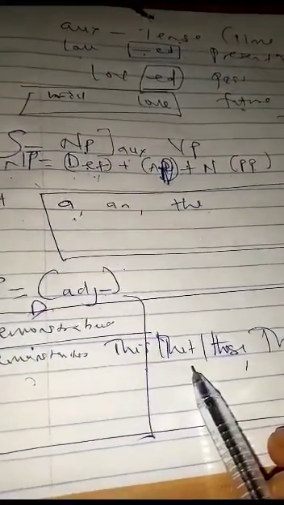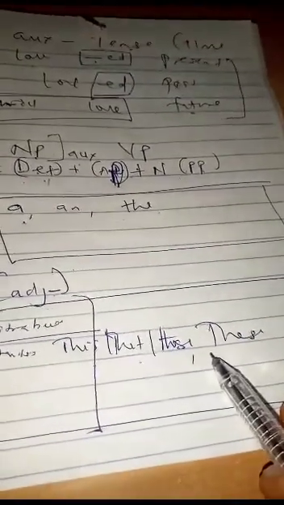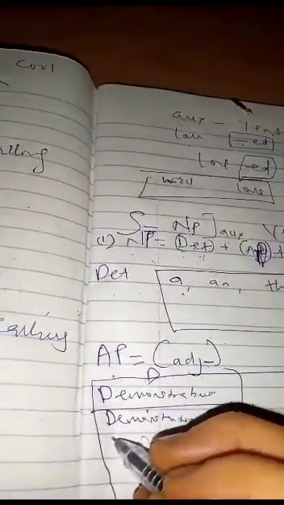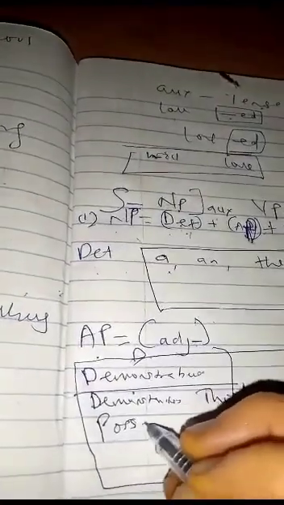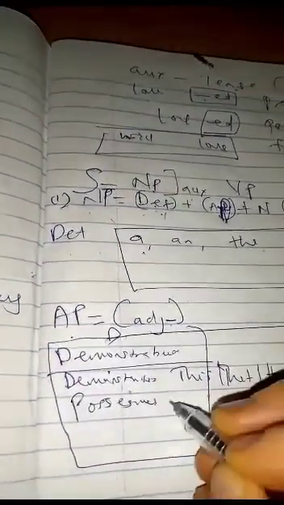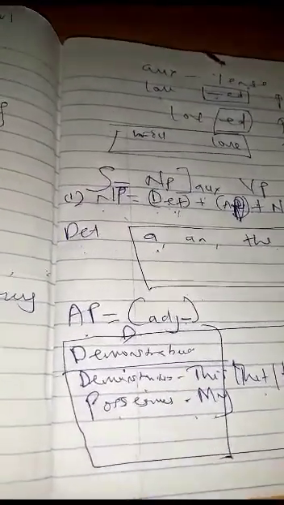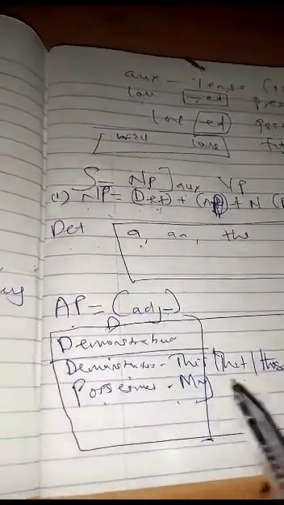That is a demonstrative adjective. These is a demonstrative adjective. All right, so understand demonstrative adjectives. Then we have possessive adjectives like my. Possessive like my car, my car.